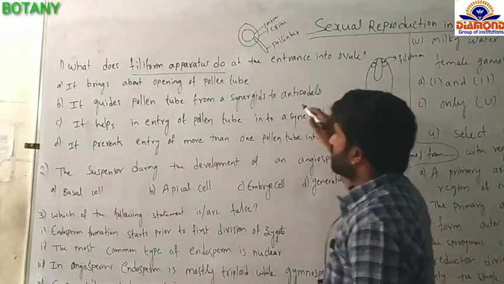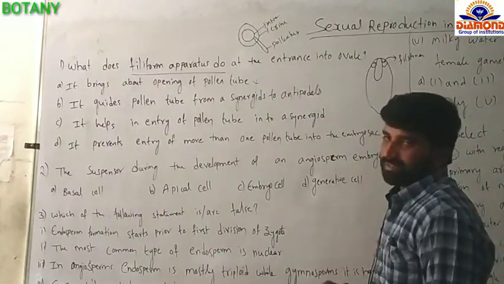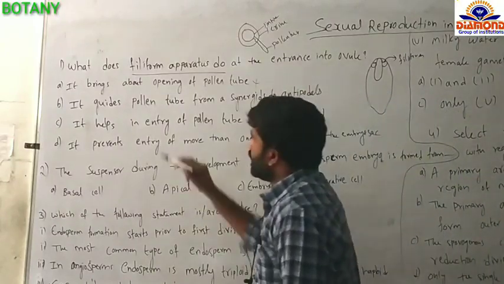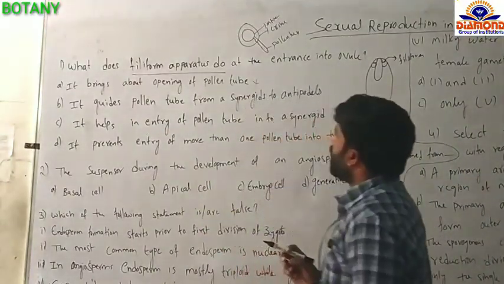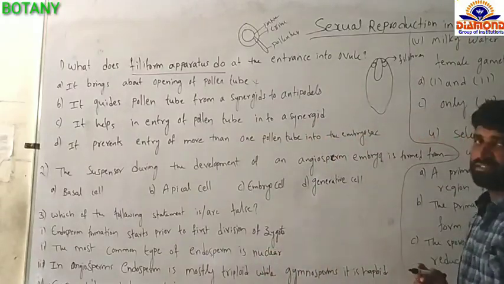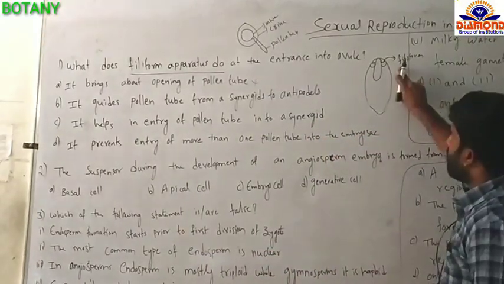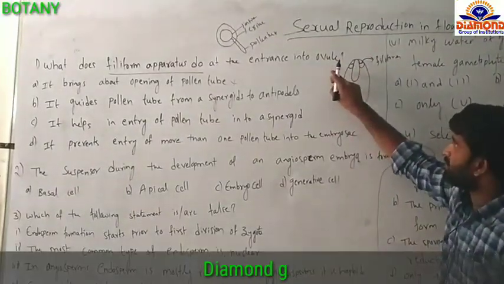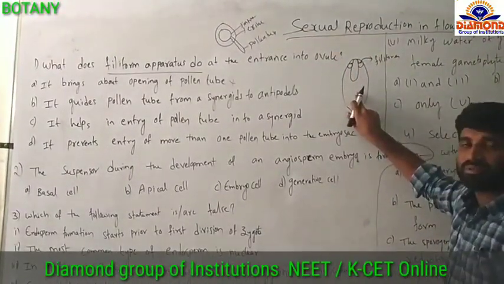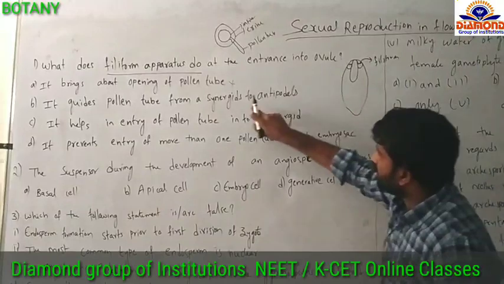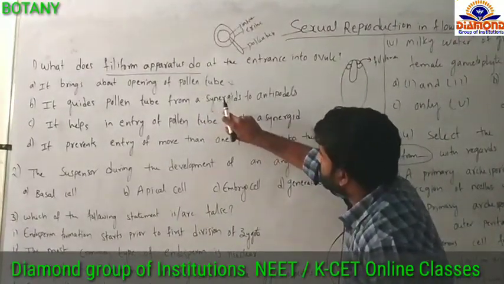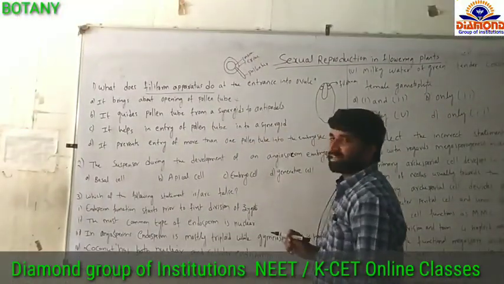So option A is an incorrect statement. Option B says it helps the pollen tube from the synergids into the antipodals.